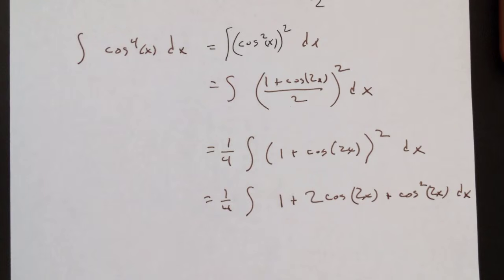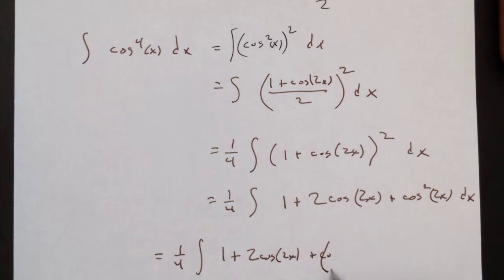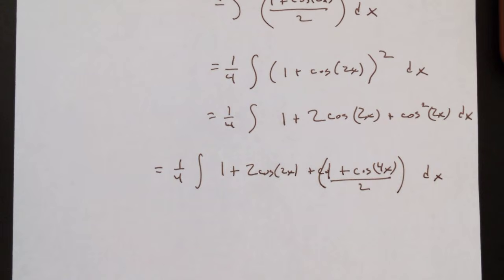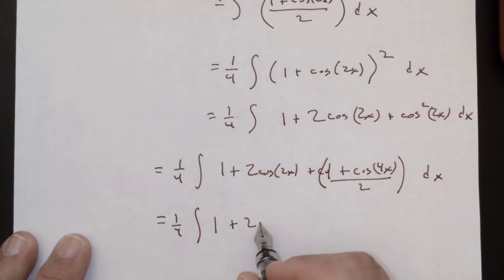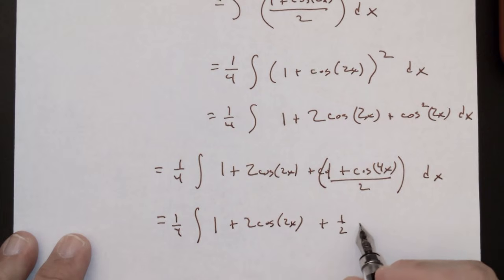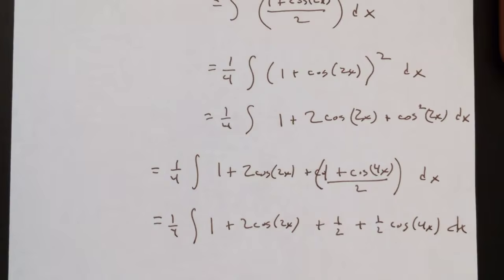All right. So I have to do this formula again for the cosine squared, but now it's cosine squared 2x, which means it's going to become a 4x. So what I really have is three different integrals here.